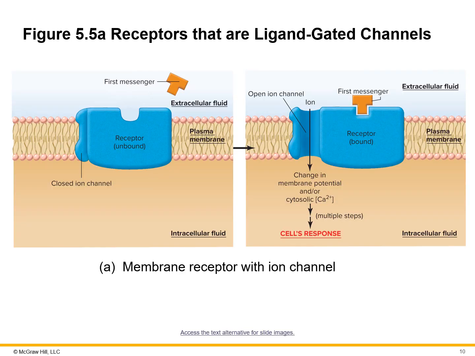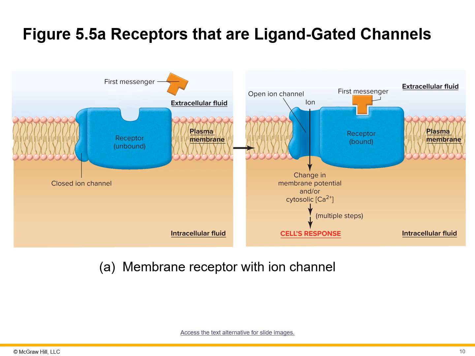here's our first messenger that's going to sit in the receptor. Right now the channel is closed, but when that messenger sits down in this particularly shaped receptor spot or binding spot, it causes a slight change that bumps open that channel.